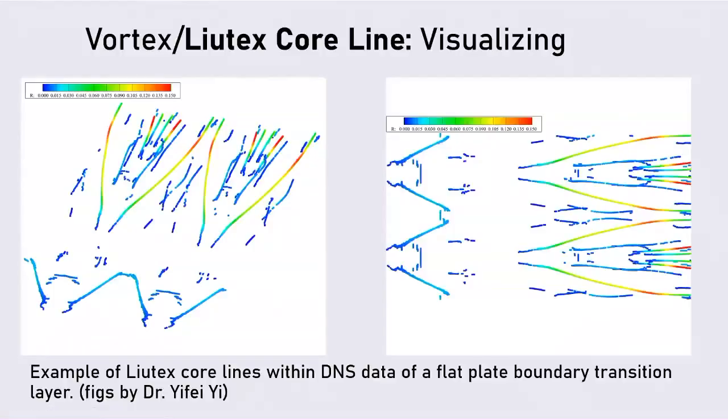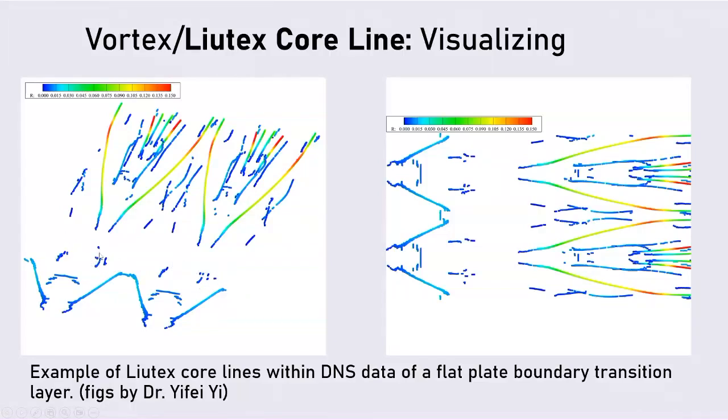Here are other images of the core line. You can see these little blips here, these are the short core line points that I was talking about, where they're just 1 or 2 or 3 points long.